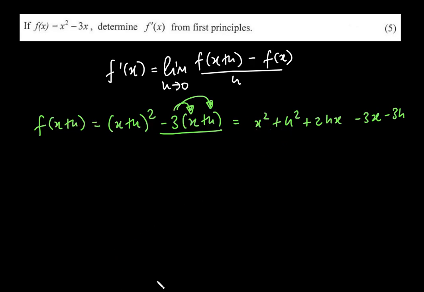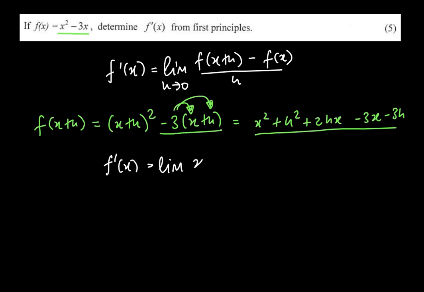Now we're going to substitute this wherever we see f of x plus h. Remember, f of x is always given. We are given f of x as x squared minus 3x. So we substitute into that formula. The derivative of f would be the limit of f of x plus h, which is this part here.